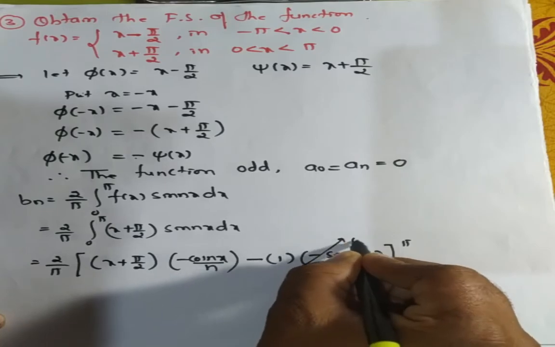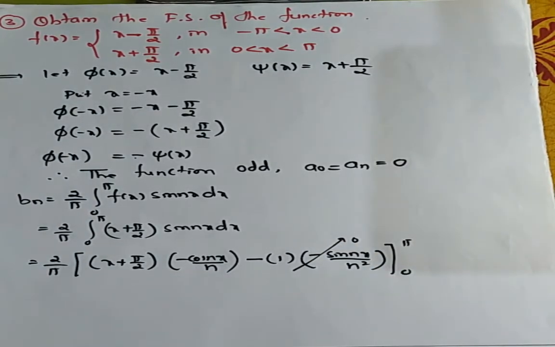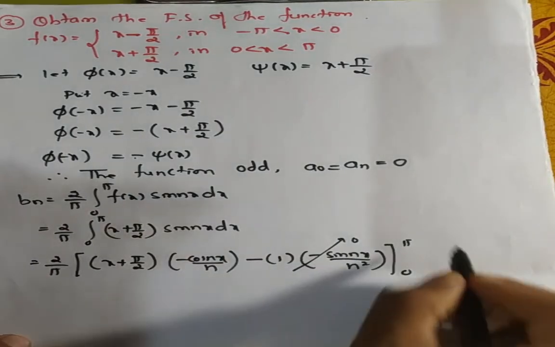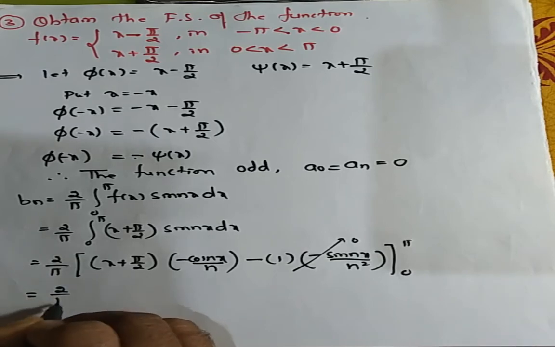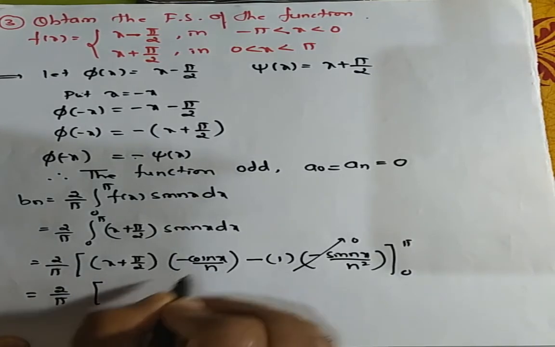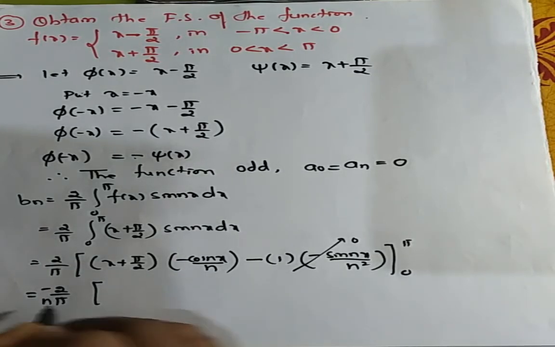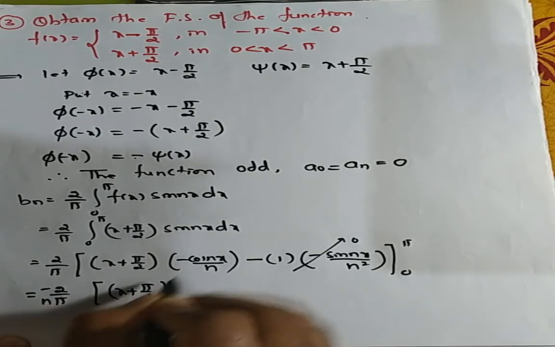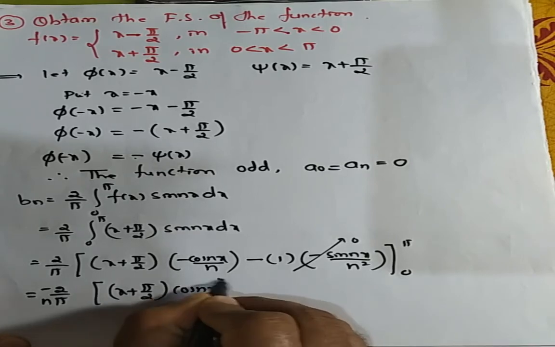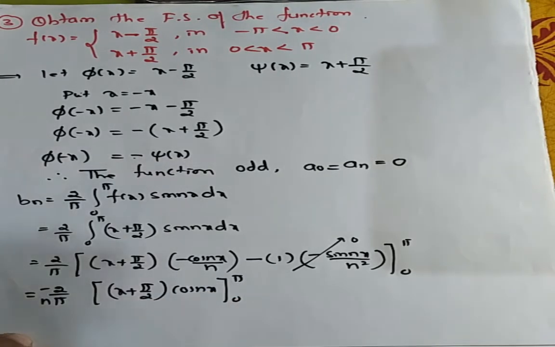As we know, this function becomes 0. When you apply sine, it becomes 0. So therefore the remaining term is 2 divided by pi bracket, minus divided by n pi, x plus pi by 2 into cos nx applying 0 to pi.